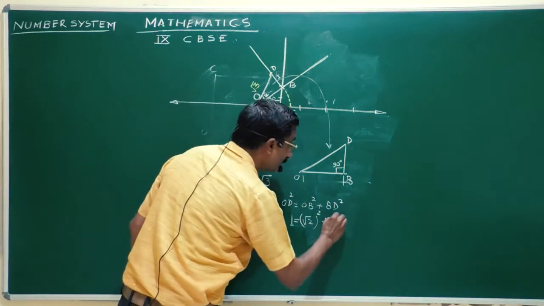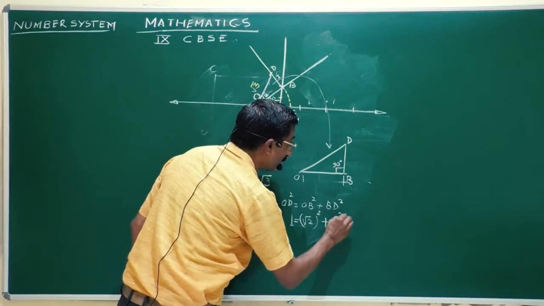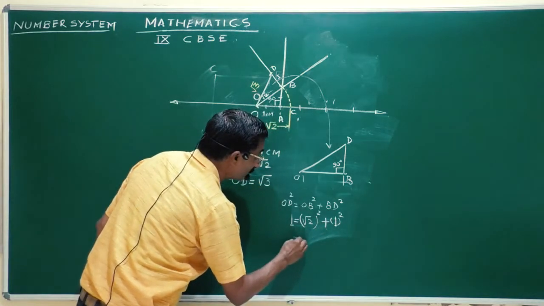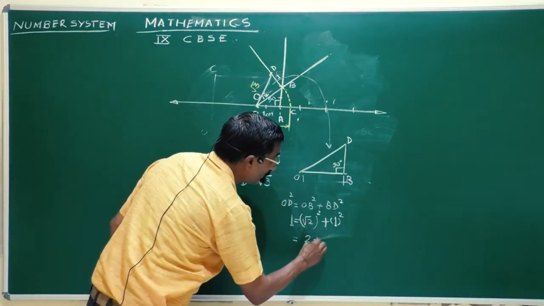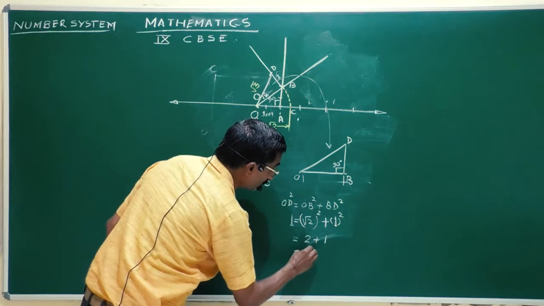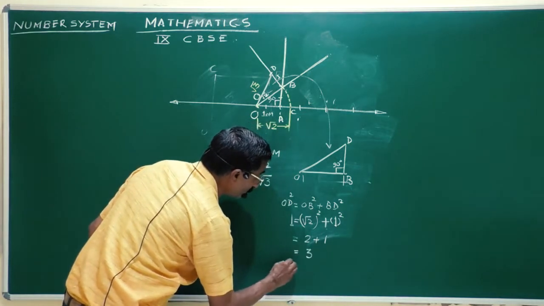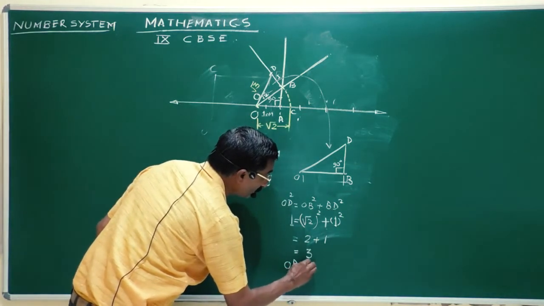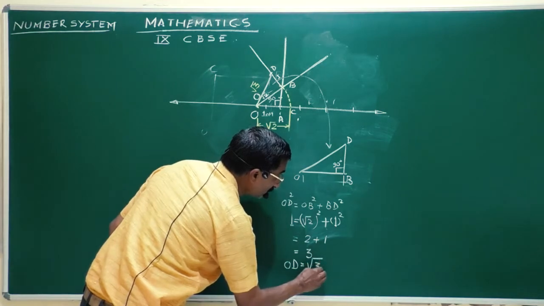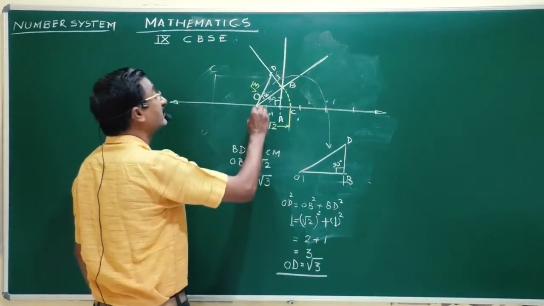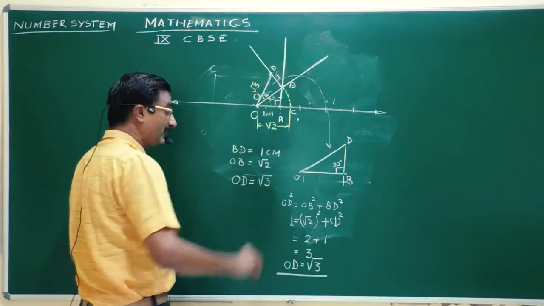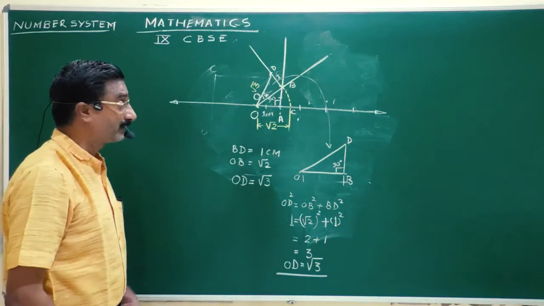That is unit 1 square. So that is equal to 2 plus 1, which is equal to 3. So OD is equal to under root 3. Means the distance you are getting OD will be equal to under root 3.